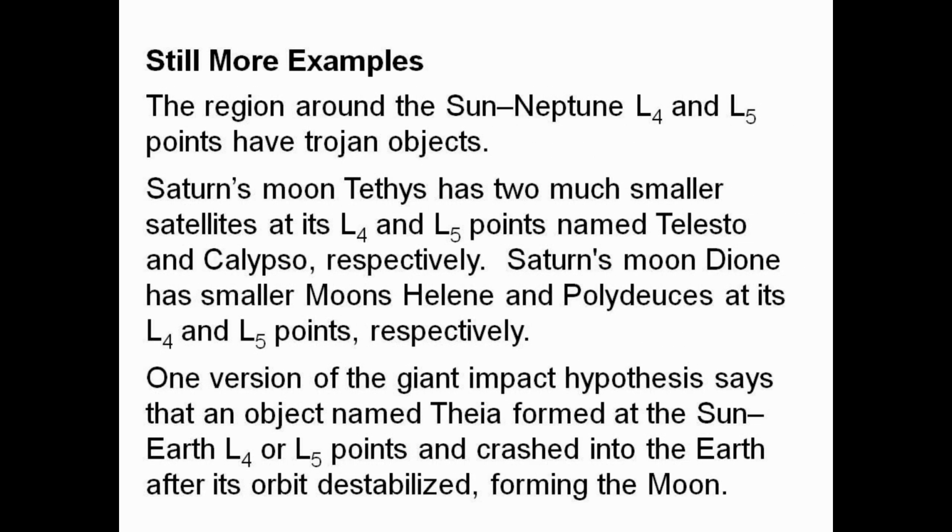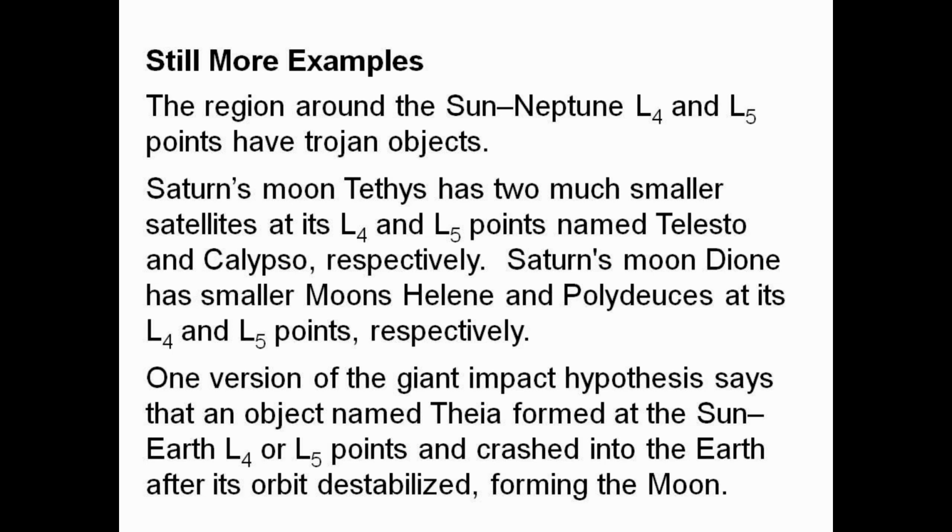Other examples: Neptune has at its L4 and L5 points Trojan objects, like little asteroids there. Saturn's moon Tethys has its own satellites. Tethys, of course, is a moon of Saturn, but it has two moons itself named Telesto and Calypso at its L4 and L5 points.